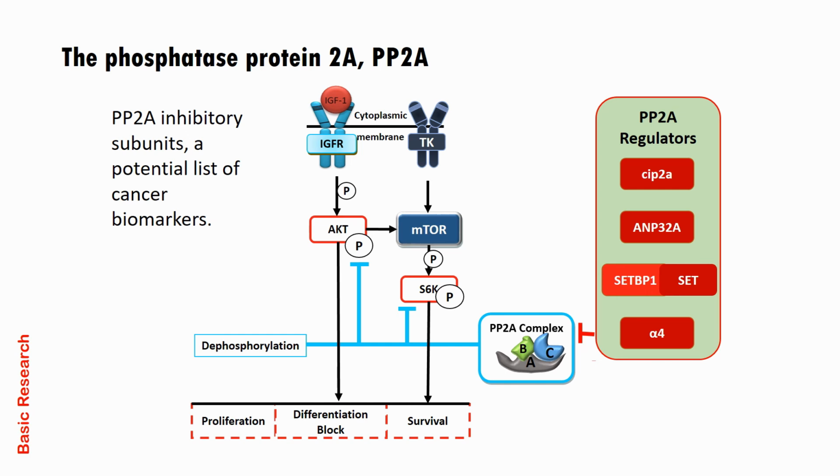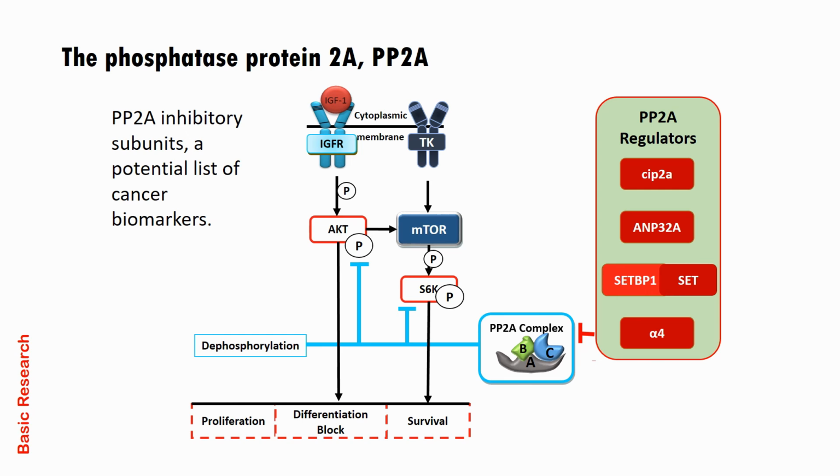Our journey started with identifying the role of alpha-4, also known as IGBP1, in shifting the phosphatase activity towards different targets, but away from the mTOR pathway, resulting in a differentiation block that was shown on an erythroid progenitor model.